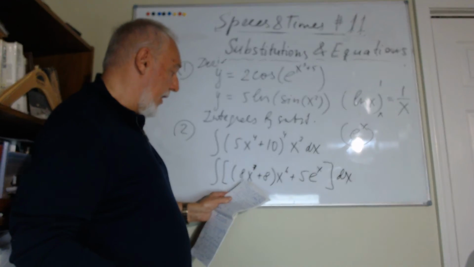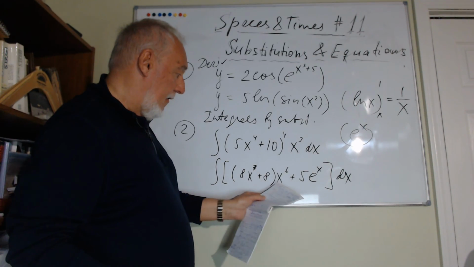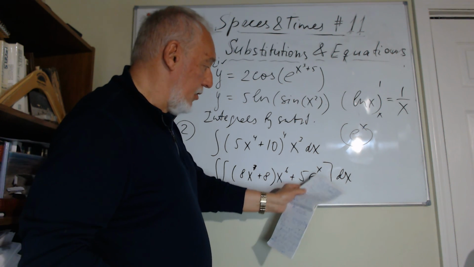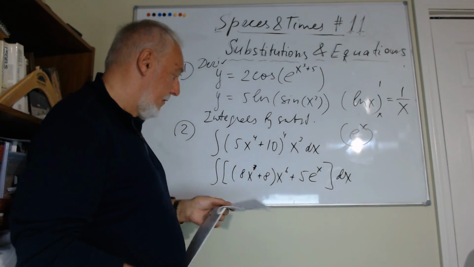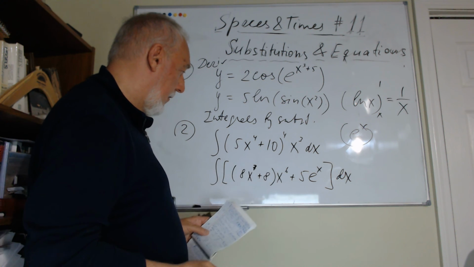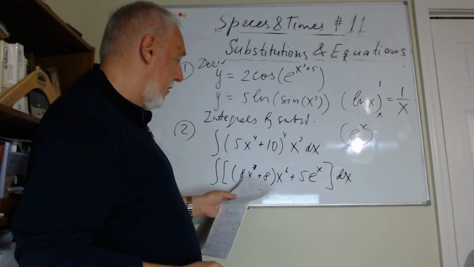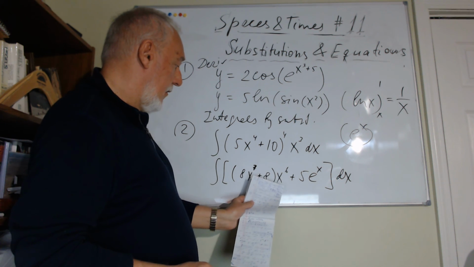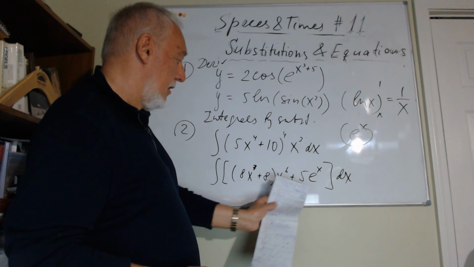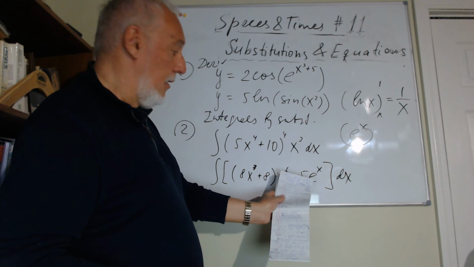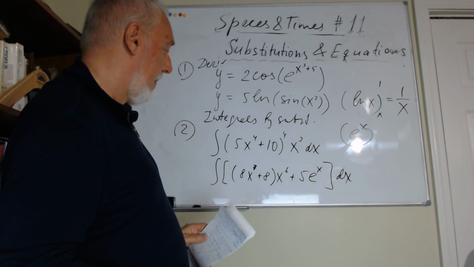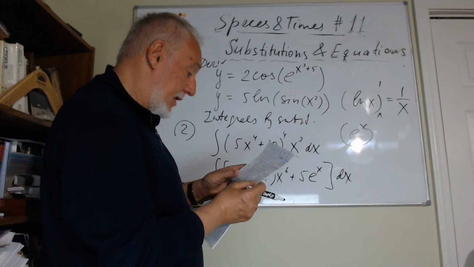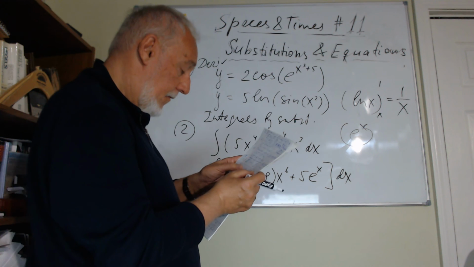So this is 8 multiplied by x to the power of 7 plus 8. Here is x to the power of 6. Here is another number, e to the power of x. Here is 5. So calculate these integrals by substitution.